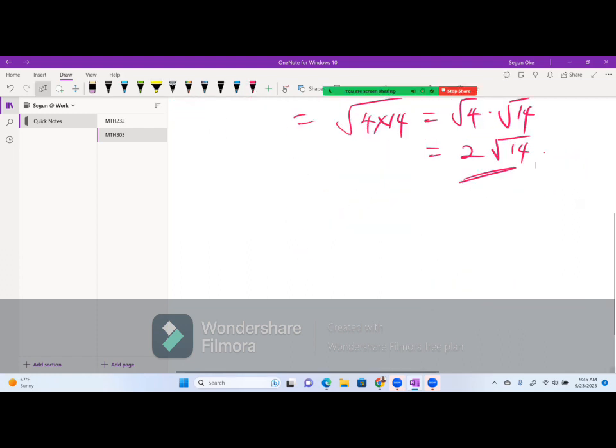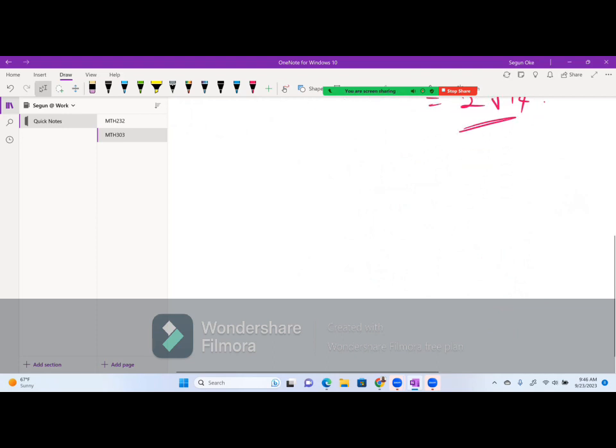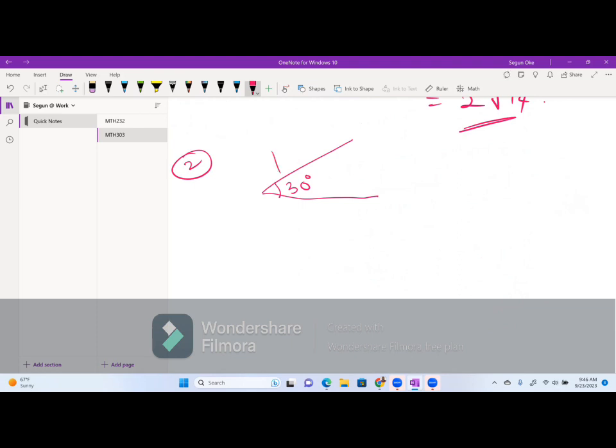Another question can also come and ask us to find A dot B. For example, let's say where you have this angle, 30 degrees, and the magnitude of A is 15, and the magnitude of B is 8.